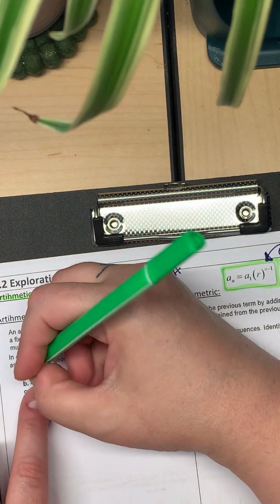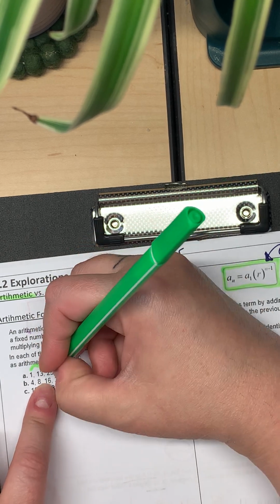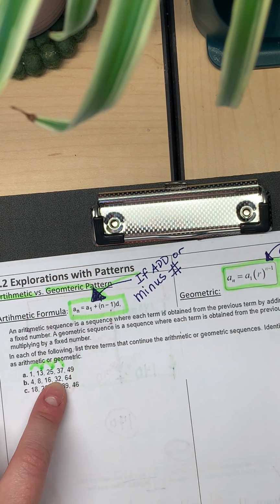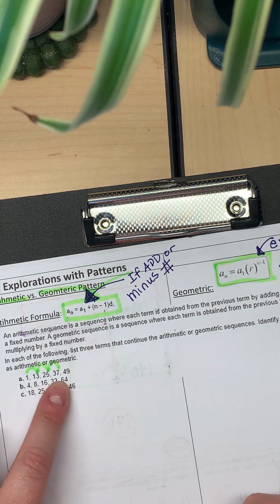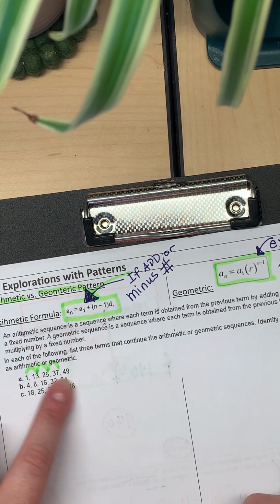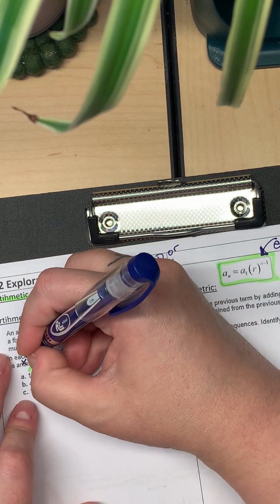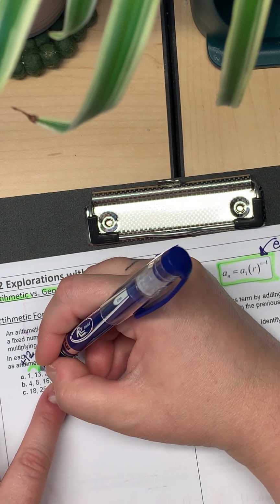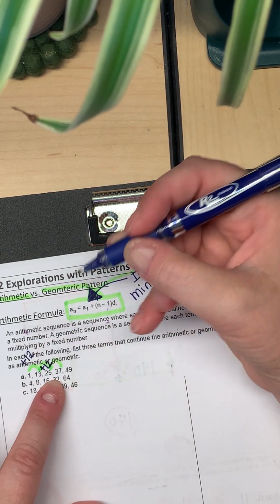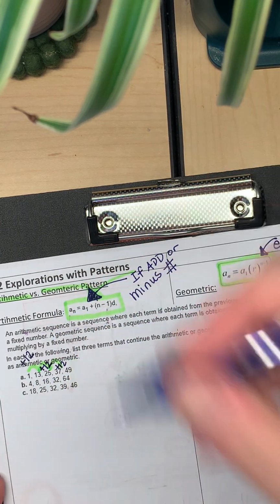It says we go from 1 to 13, and then from 13 to 25, and from 25 to 37. So ask yourself, can I subtract the same number or add the same number every time? It looks like from 1 to 13, I add 12. And from 13 to 25, I add 12. Then from 25 to 37, I add 12 again.